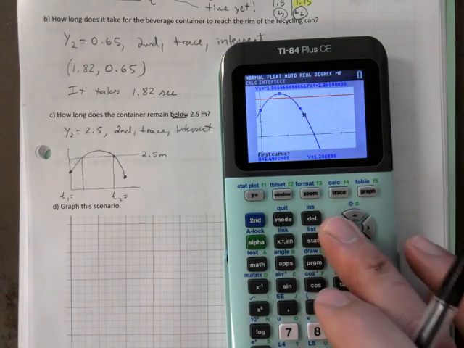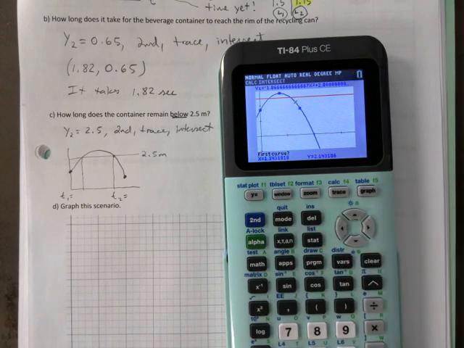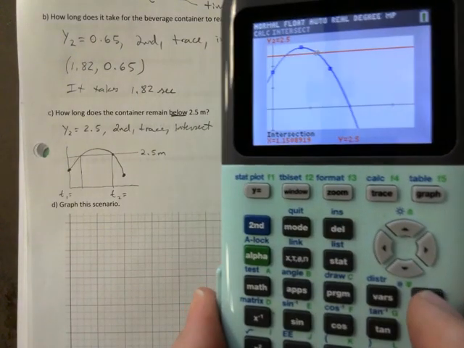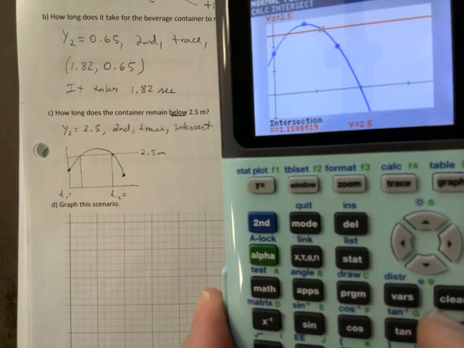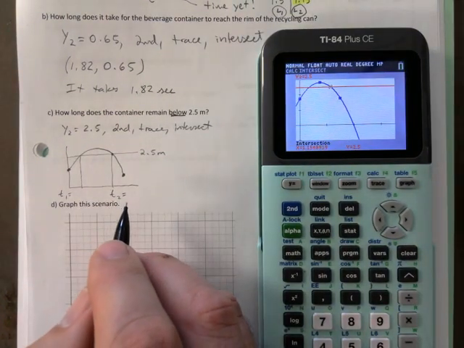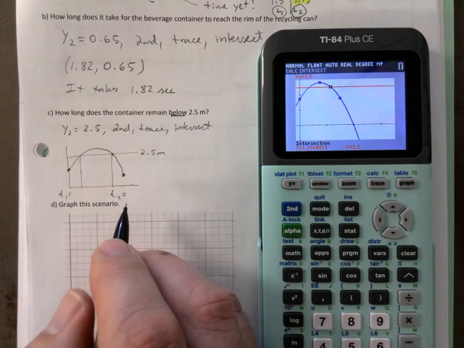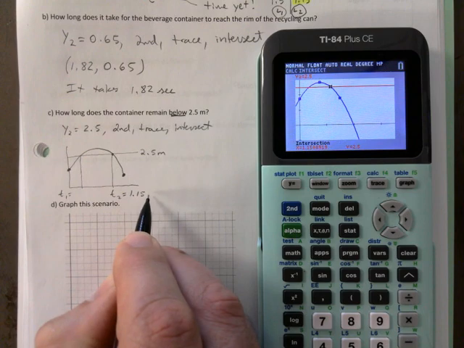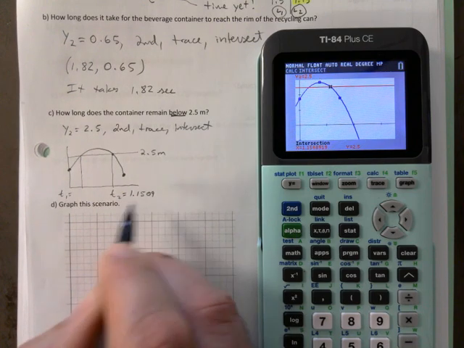Second trace 5. I'm going to find the second one because it's closer. And remember, we're going to use these numbers to find our answer. So use 4 decimals. It's hard to see, but you get 1.1509. Okay. 1.1509 there.